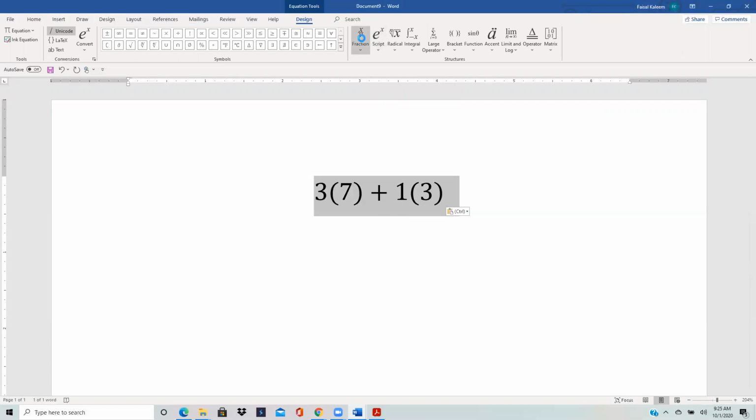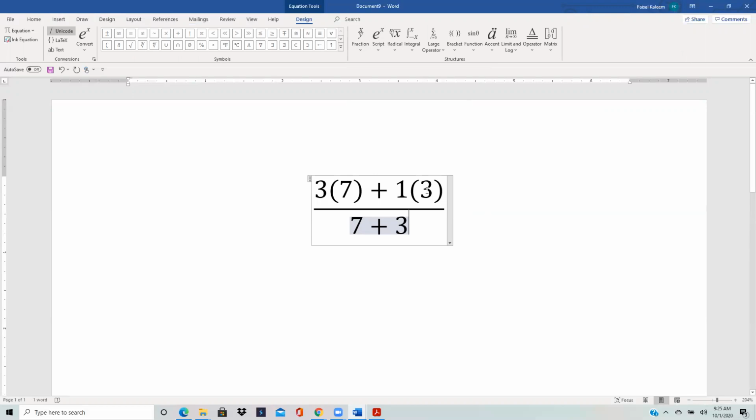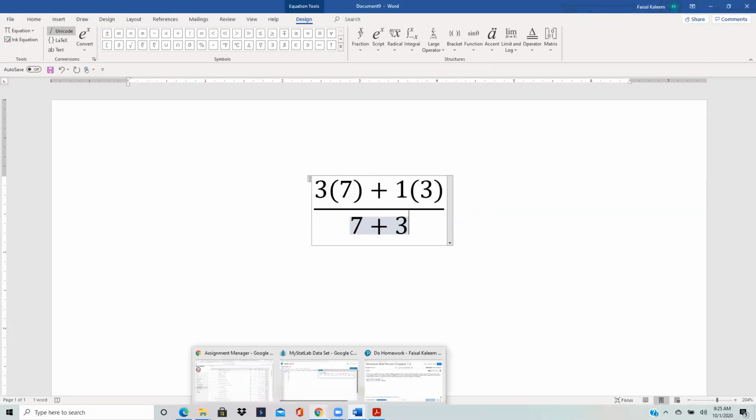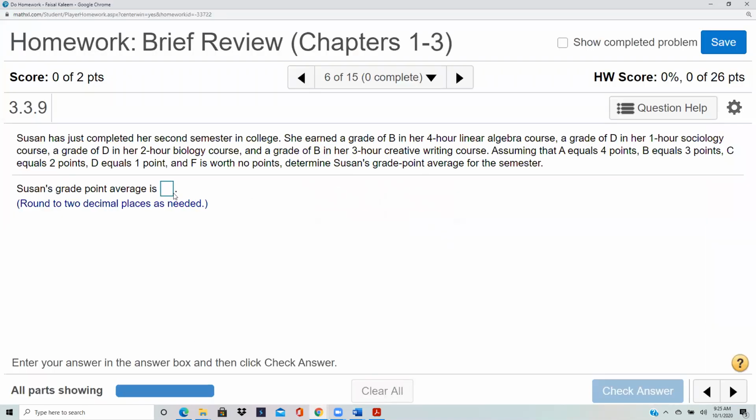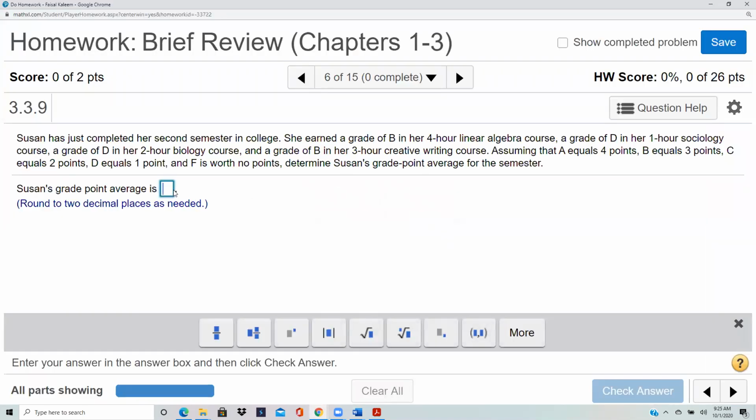Would it be 10? 7 plus 3. So 21 plus 3, 24, divided by 10, 2.4. So now, do you know the rule? Yes.